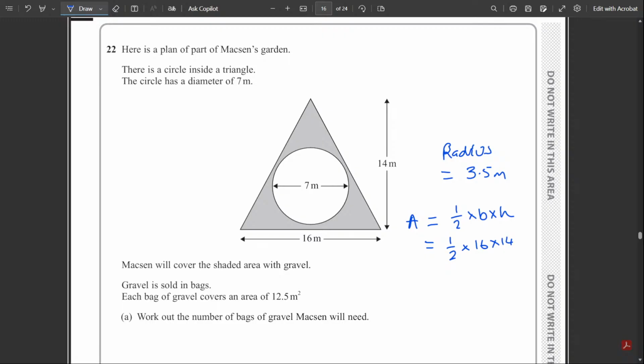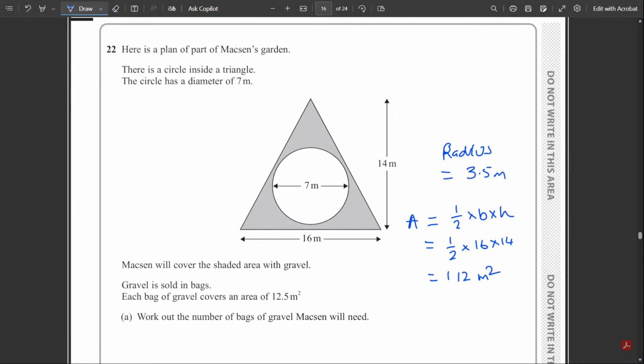Again, you're using a calculator, so you can do this very easily. You don't need to do anything different. And we get 112 meters squared. So if you cover the entire garden with gravel, you need 112 meters squared.